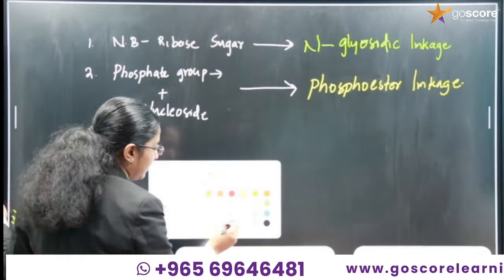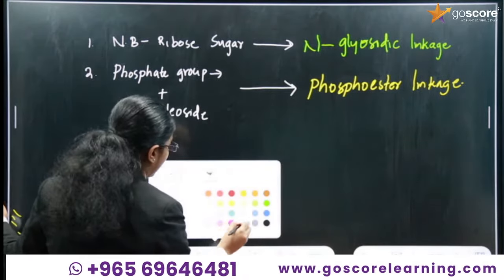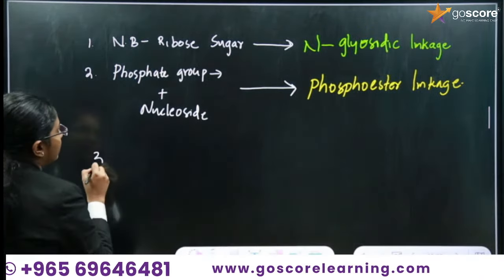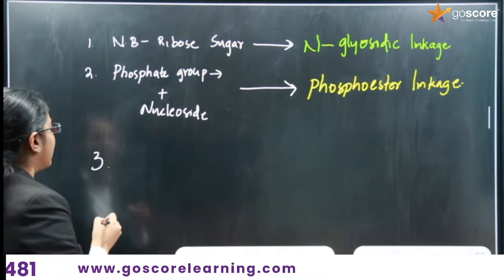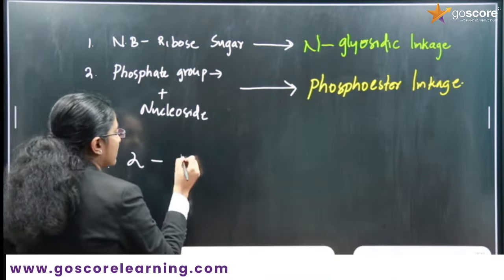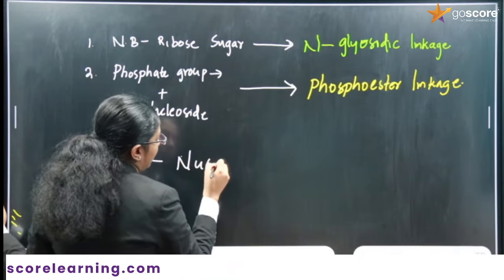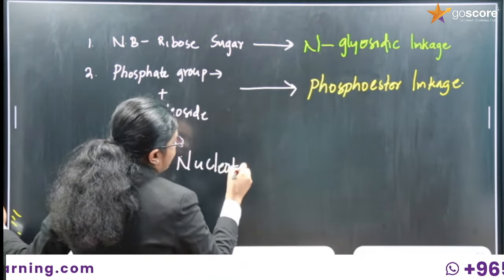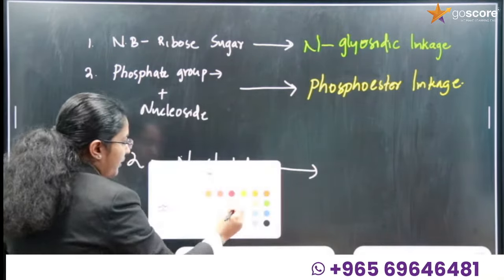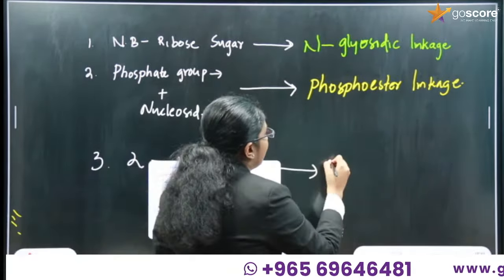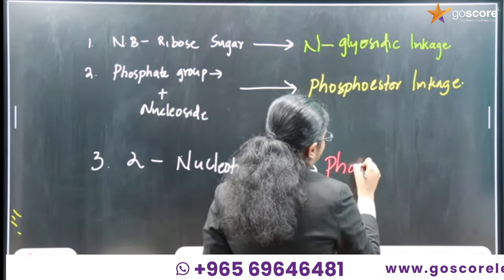Next, the third one you have learned about: phosphodiester linkage. Two different nucleotides are connected by which bond? They are connected by phosphodiester linkage.